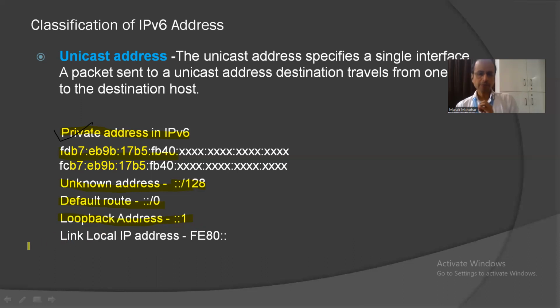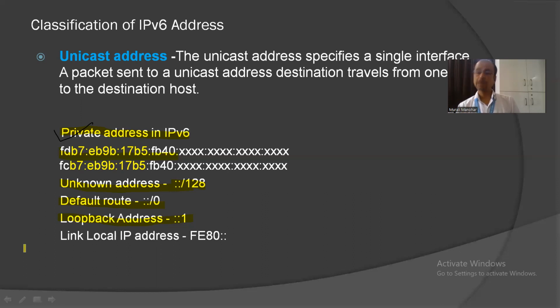Now, finally, link local IP address. When you check your own machine, if it has an IPv6 address, you will see that there is one IP address that is automatically generated, and its starting value is FE80.